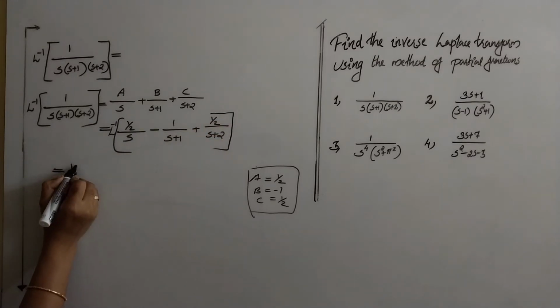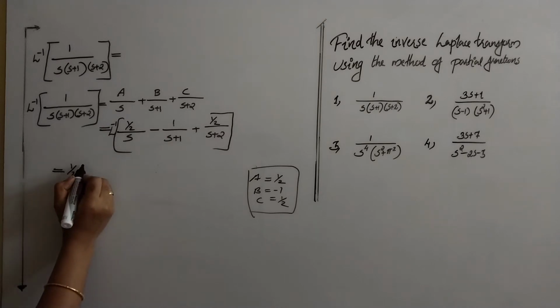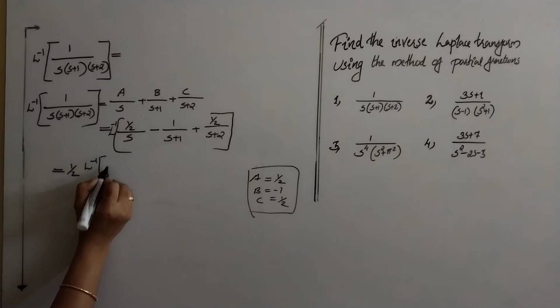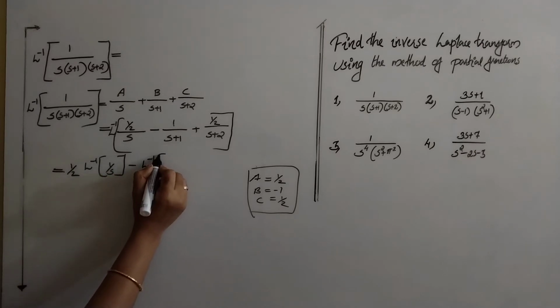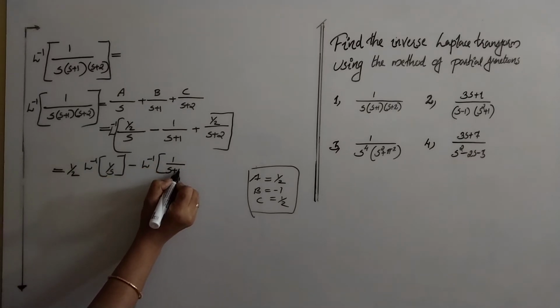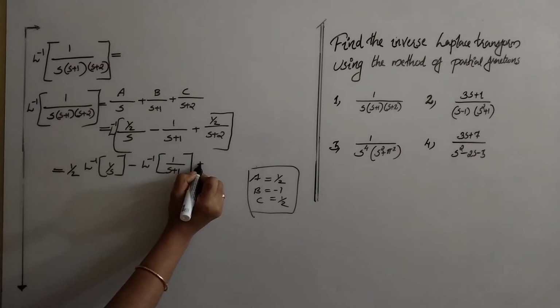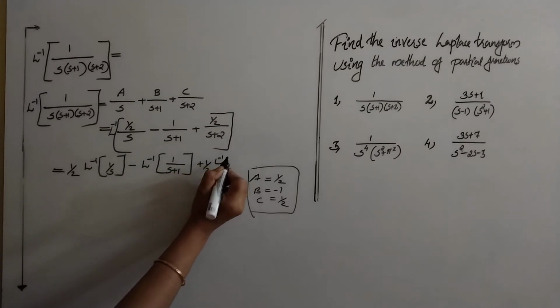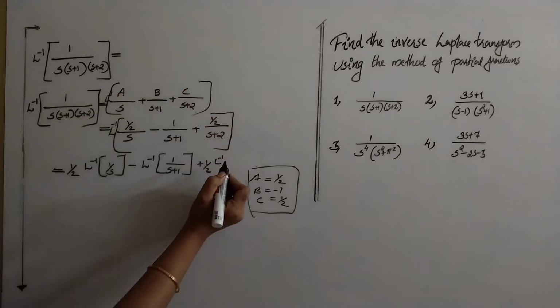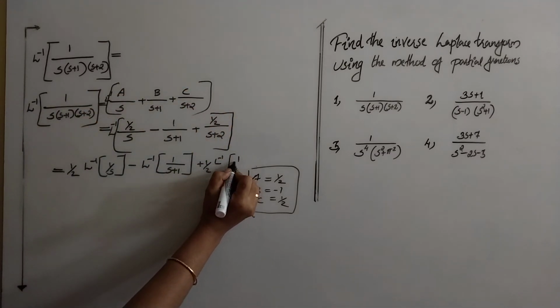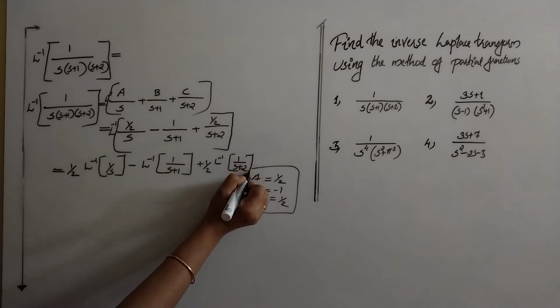Using the linearity theorem, we can write it as 1 by 2 into L inverse of 1 by s minus L inverse of 1 by s plus 1 plus 1 by 2 into L inverse of 1 by s plus 2.